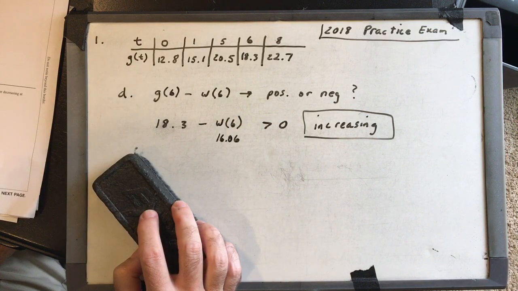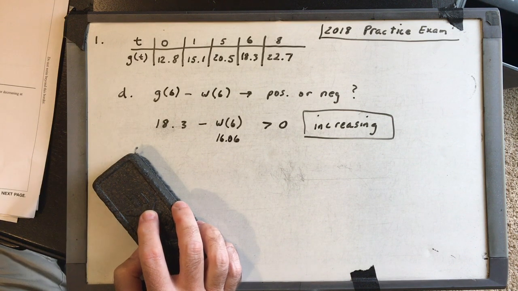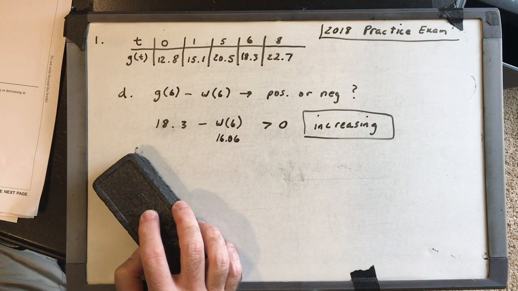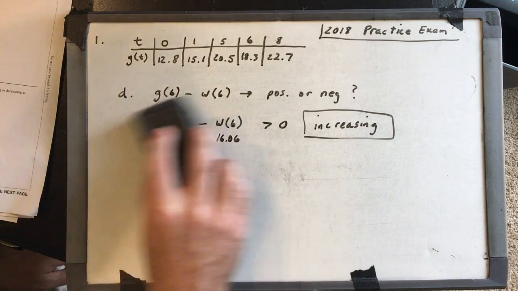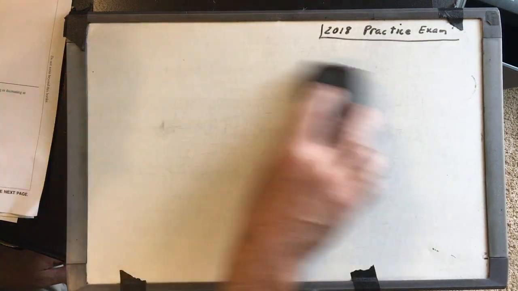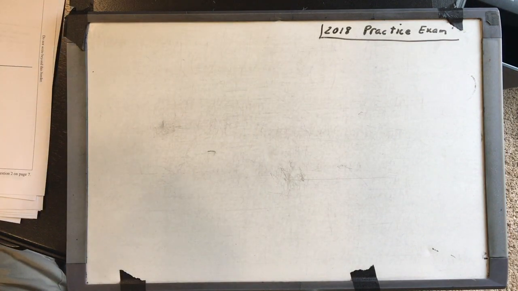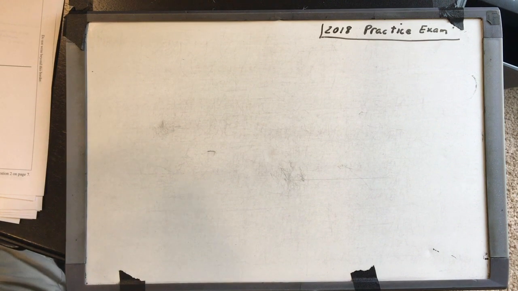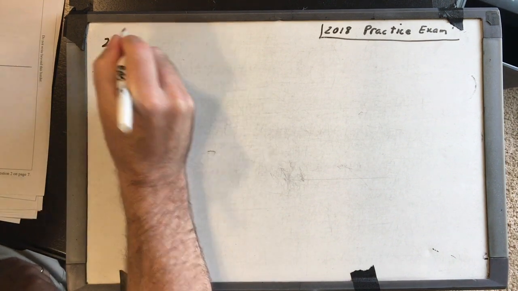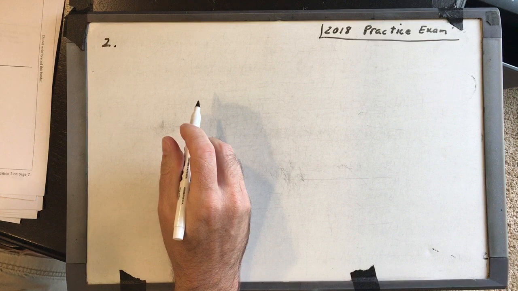All right, that's number 1. I'm going to go ahead and erase this and find number 2, and we'll do parts of number 2 on this video. Number 2 says a snail is traveling along a straight path.